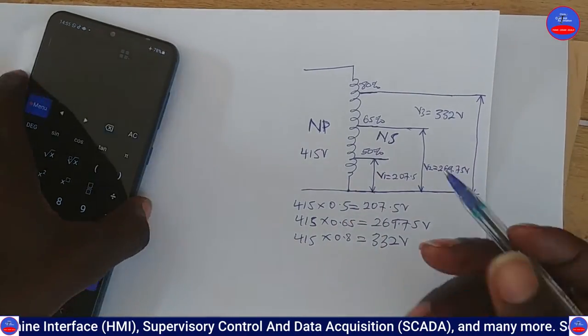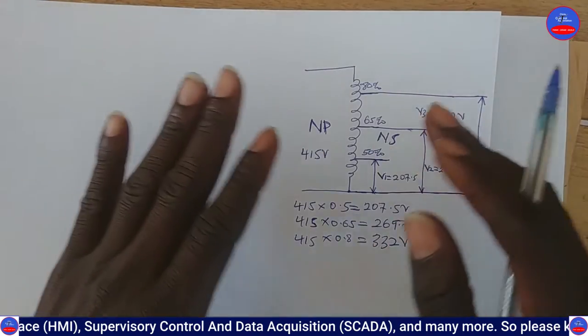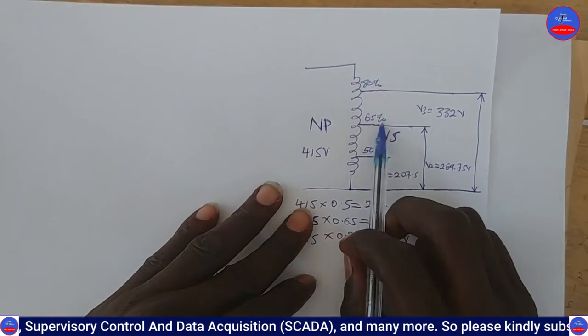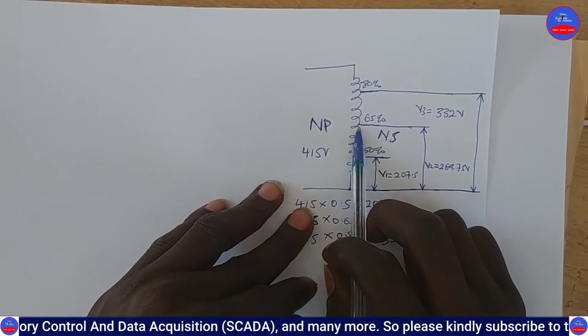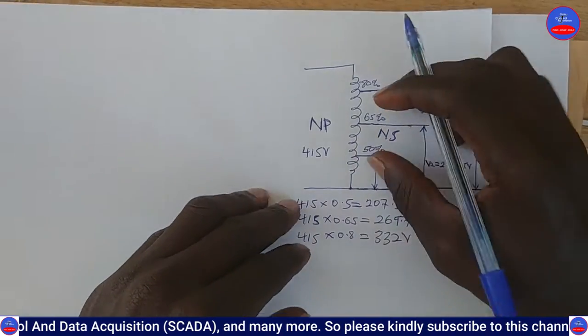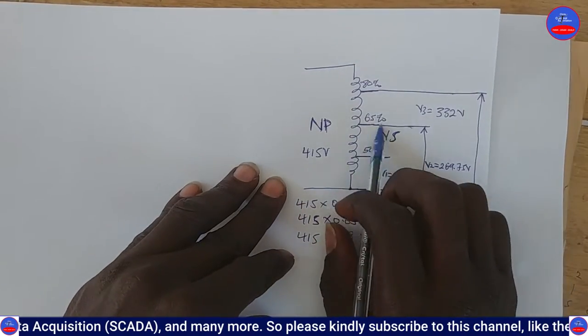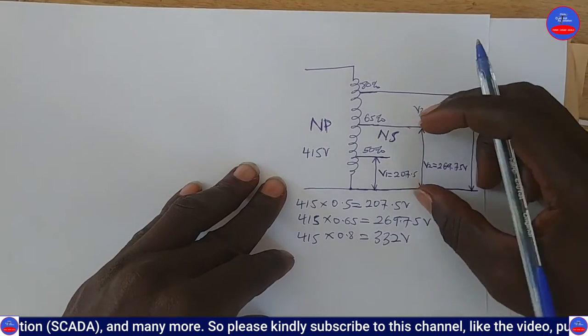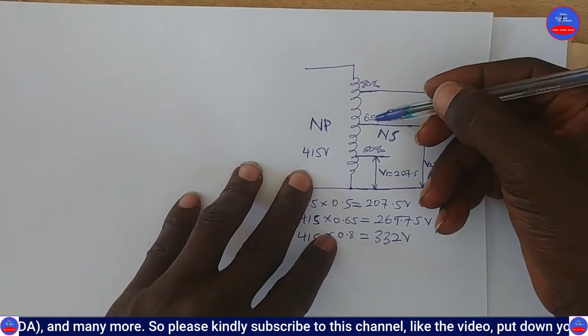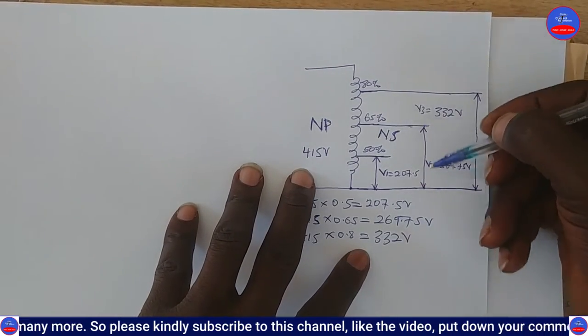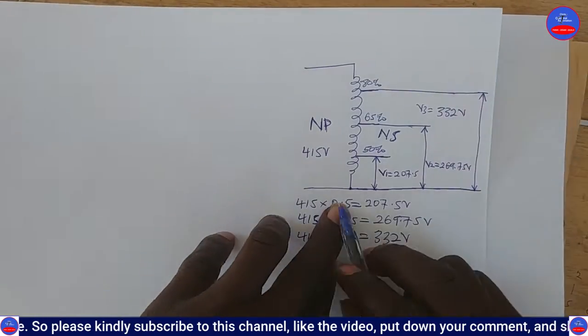On autotransformers, they mostly use the 65% tapping on the primary winding, 65% common to this winding.